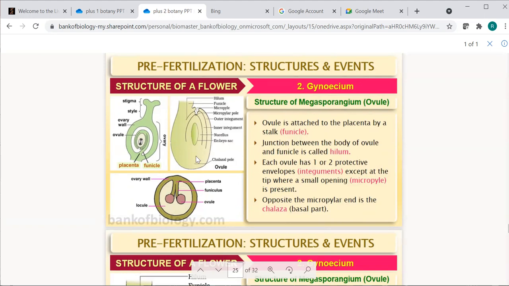So that is the funicle, a stalk-like structure by which the ovule gets attached to the placenta. The junction between the body of the ovule and the funicle is called the hilum.